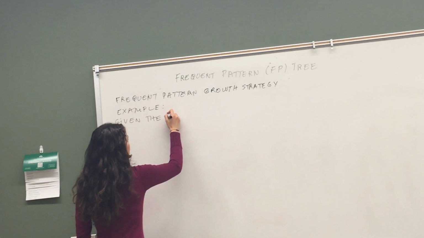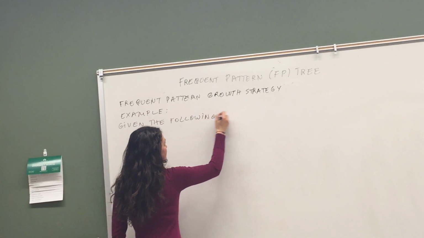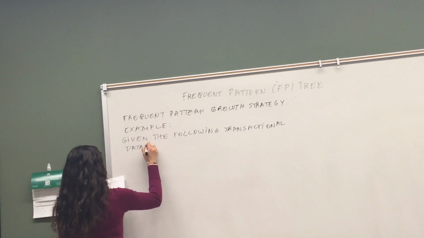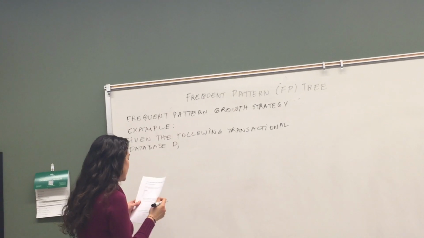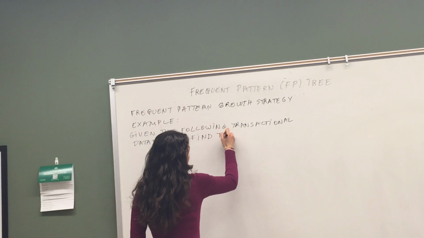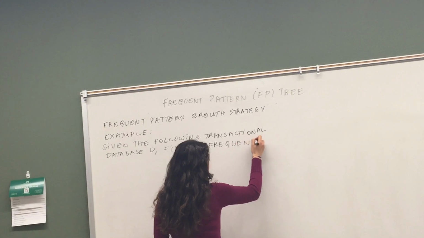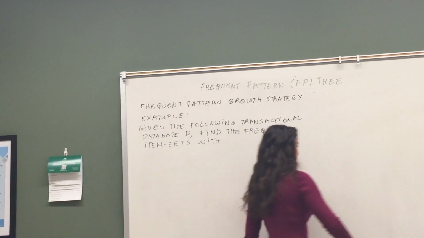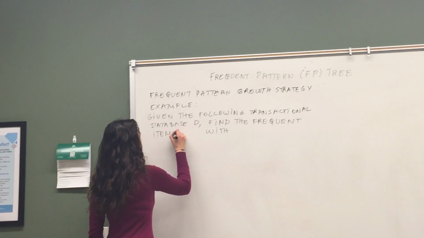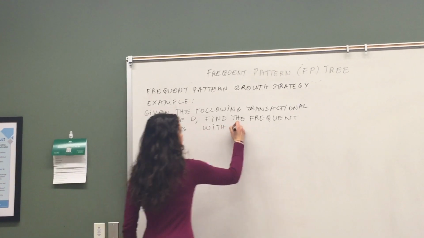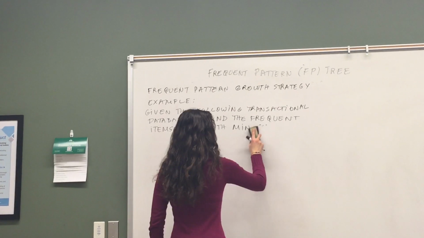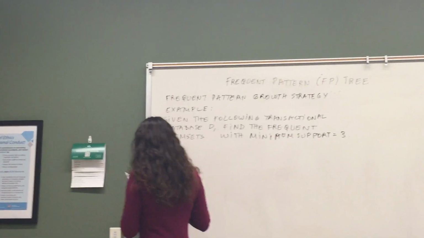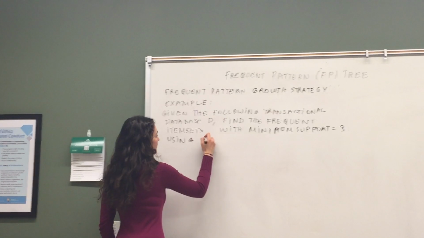Given the following transactional database, find the frequent item sets with minimum support equal to 3, using the frequent pattern growth method.